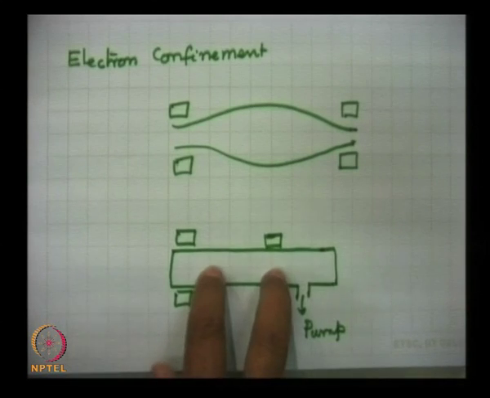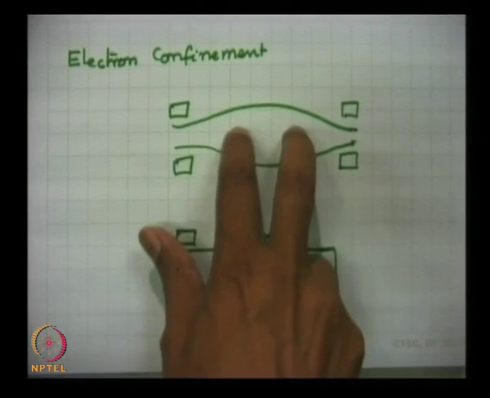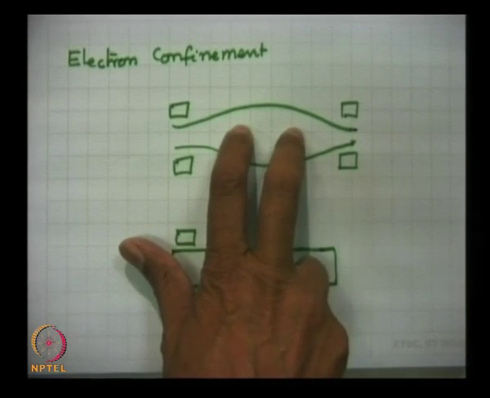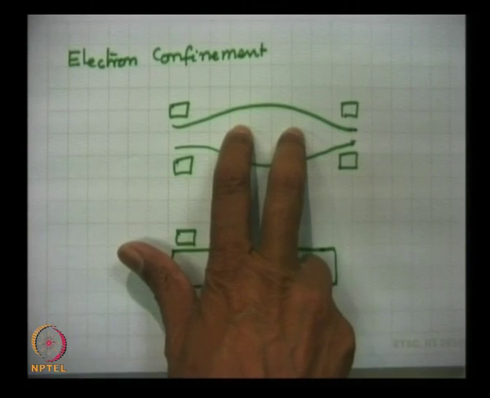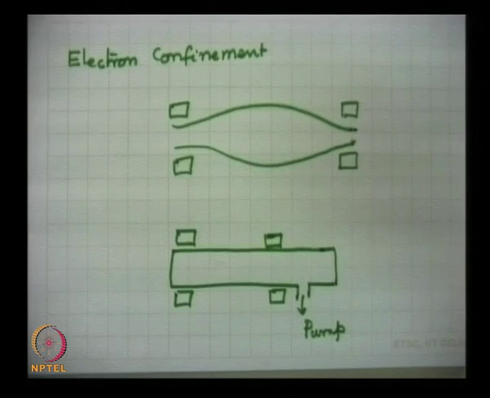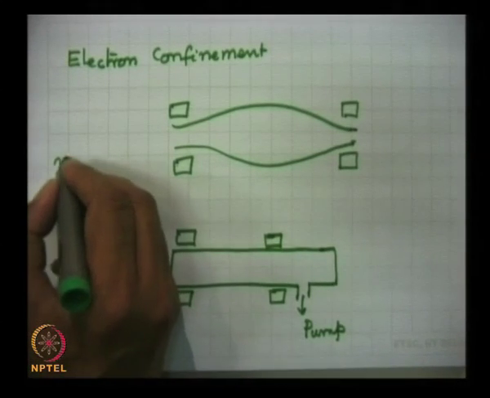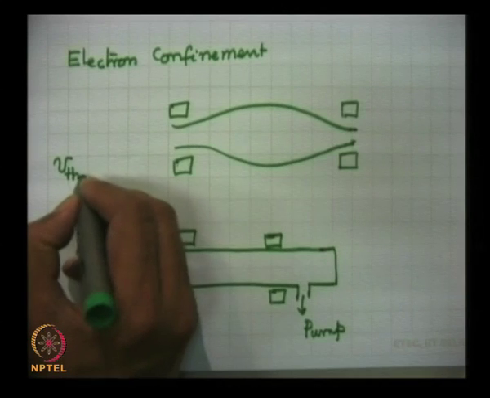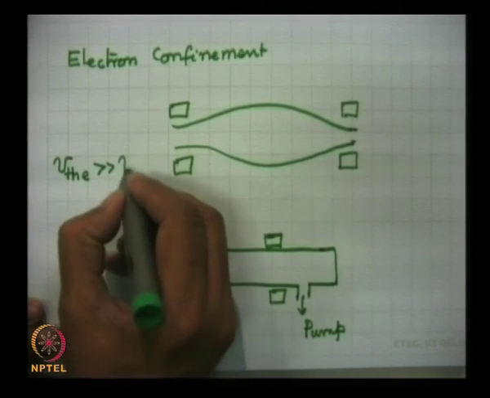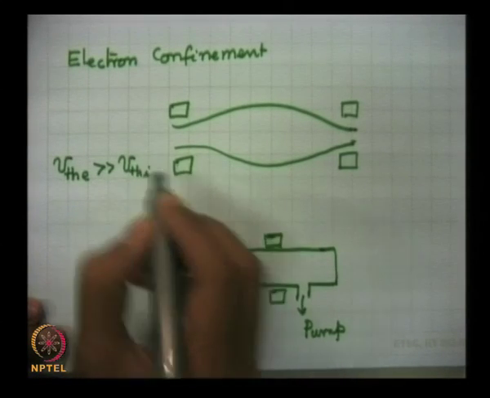Whenever you create a plasma in the machine, the plasma electrons and ions may have comparable temperatures, but the electrons for the same temperature will have a larger thermal velocity than the ion thermal velocity. So, V thermal of the electrons is much bigger than thermal velocity of ions.